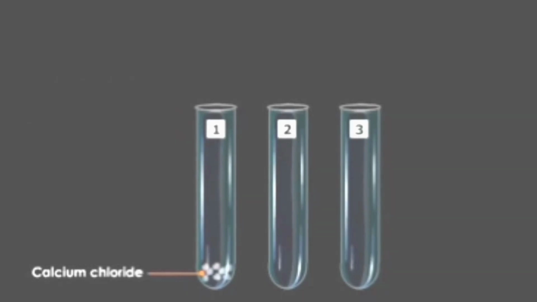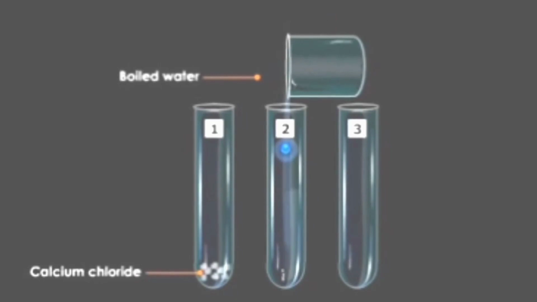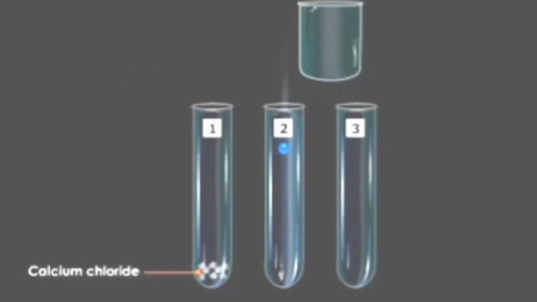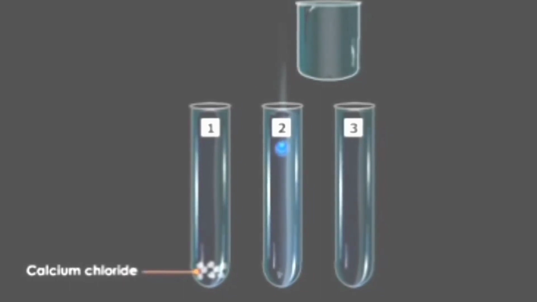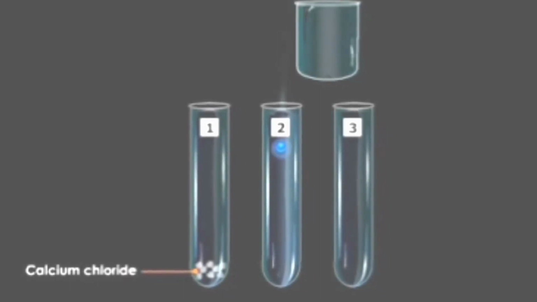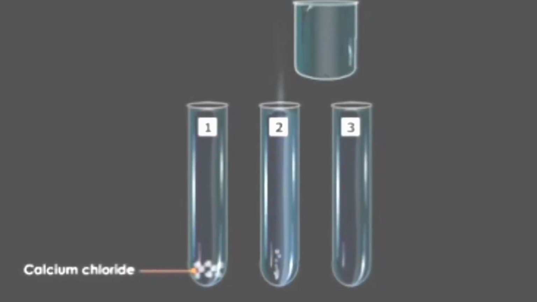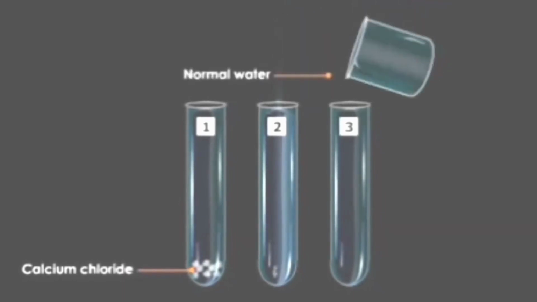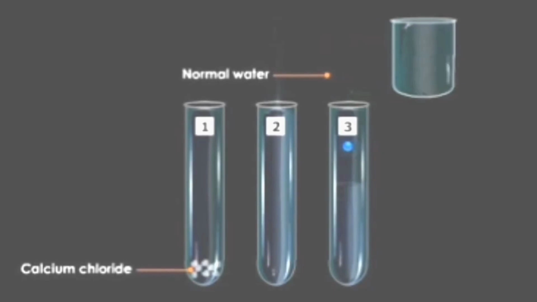In the second test tube, it is filled up with boiled water so that we can remove the air, or to better say, dissolved oxygen is totally driven out. In the third test tube, we are pouring a small amount of water.